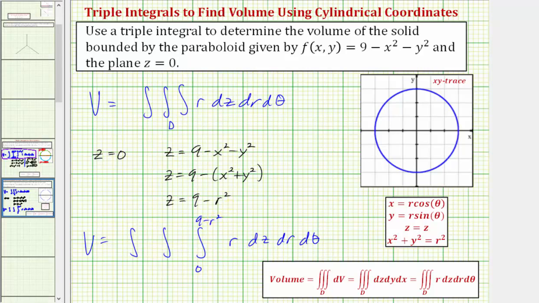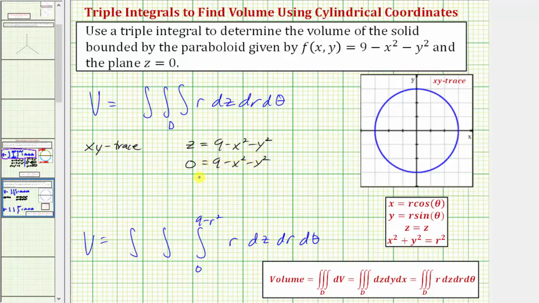And now to find the limits of integration for r and theta, we need to look at the xy trace. And we can find the xy trace by setting z equal to 0 in the equation for the paraboloid. So for the xy trace, again, we start with our equation of the paraboloid, set z equal to 0.